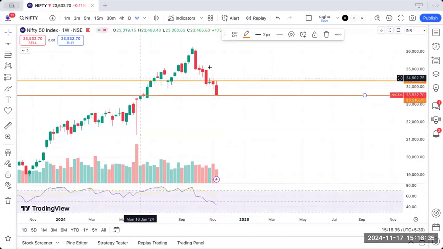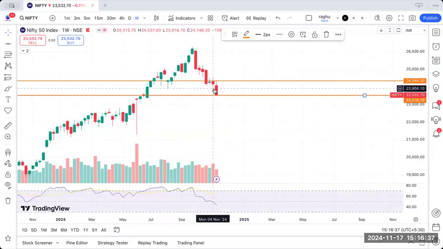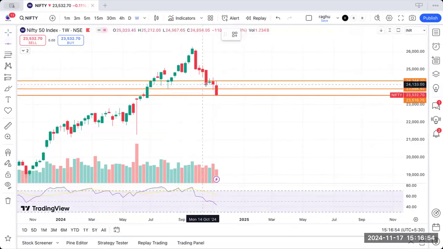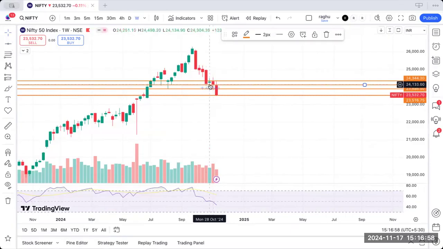Then in between, if I have any zones as a memory of the price, one memory I can see here is this drop, here and here. So one memory is already made within the weekly time frame. This is the third memory I can see, which is this candle, the low of these 3 days.